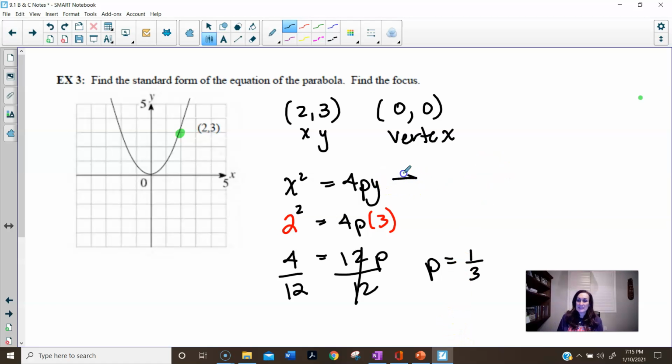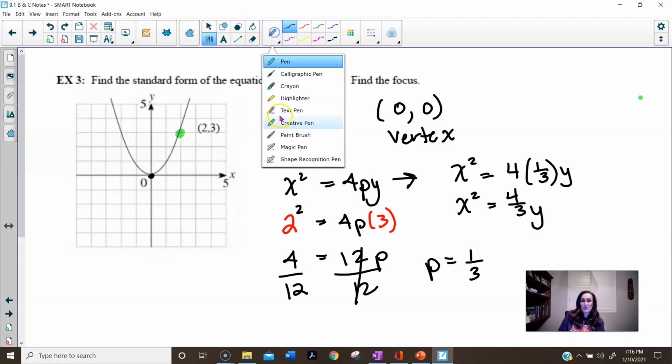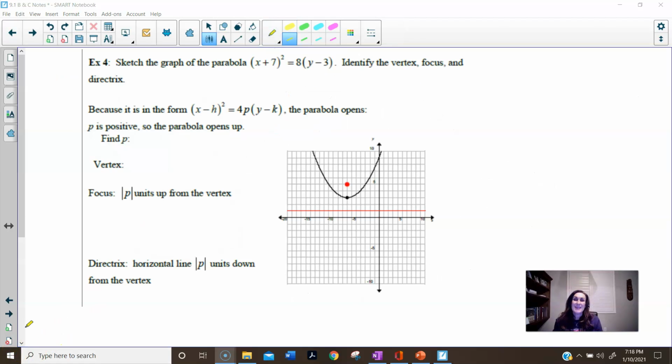So if p is 1/3, you're ready to write the equation. So the equation is going to be x squared equals, oh, by the way, the vertex here, so you can see, it was (0, 0). So x squared is 4 times 1/3 times y. So x squared is equal to 4/3 y, and there's your equation. You notice that the x is squared and the y is not squared. Therefore, this is a parabola that's going to open up or open down.